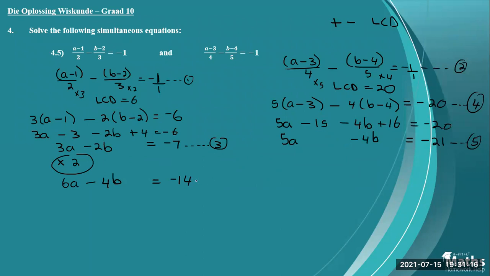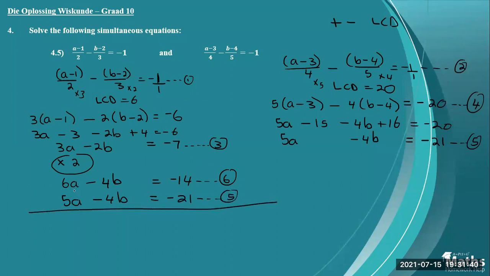That was number 5, so then it's going to be number 6. And what can I eliminate? I can eliminate the b. So I'm going to write 5a down here minus 4b is equal to -21. That's my equation 5.